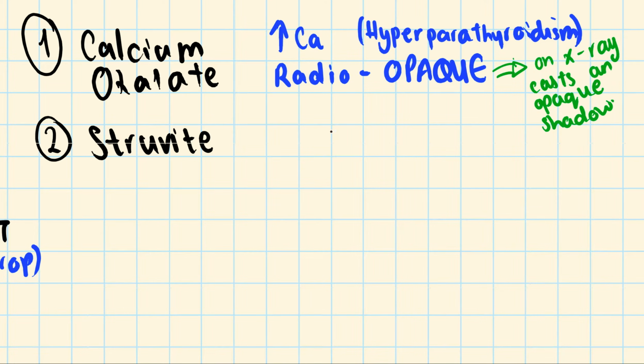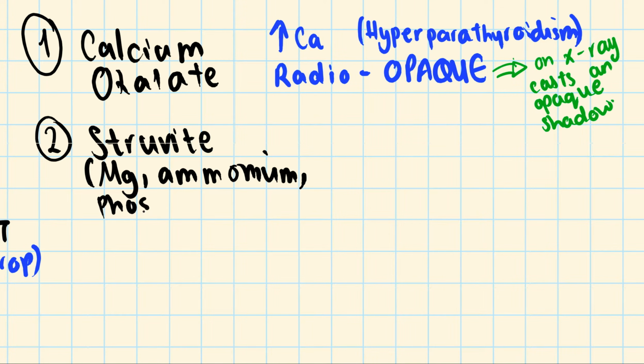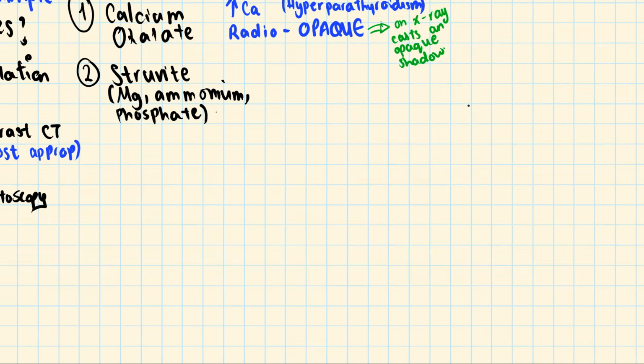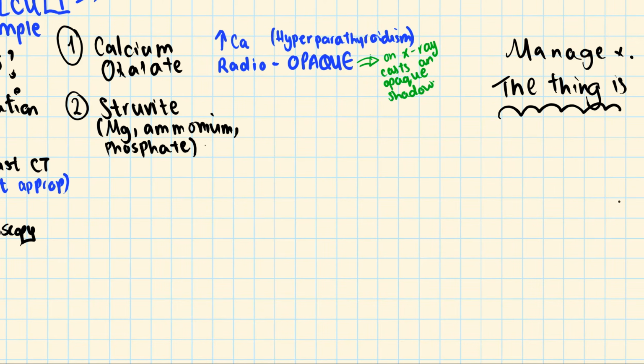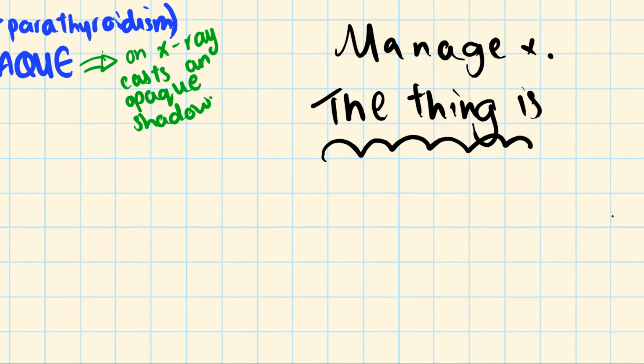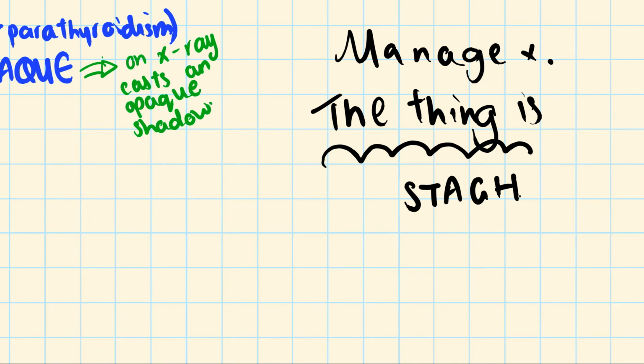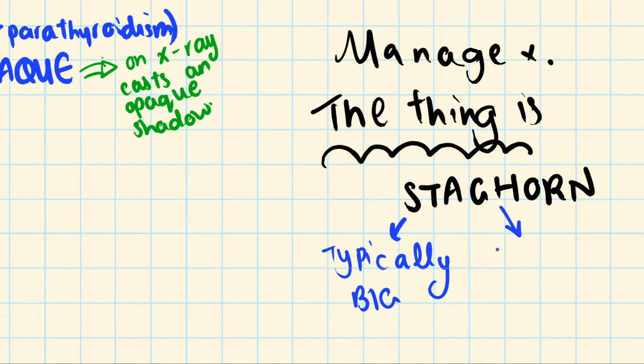What about the struvite stone? A struvite stone is made up of magnesium, ammonium, and phosphate, and these commonly present due to recurrent UTIs. And there is something called a Staghorn stone, and the management starts from there, and then we can start to assume what the management might be for a few other stones as well.